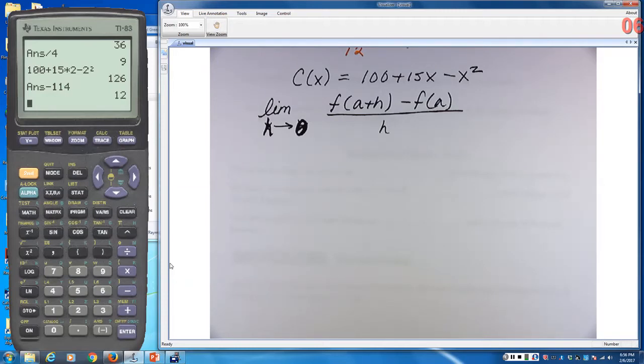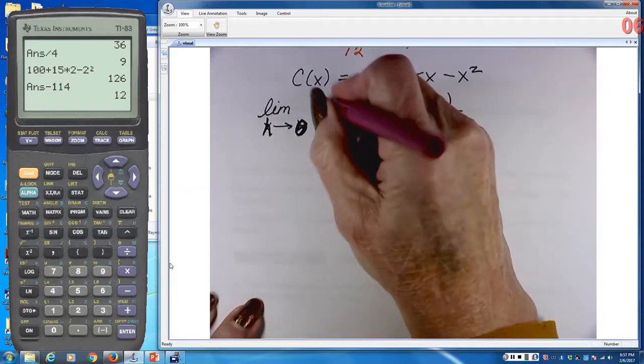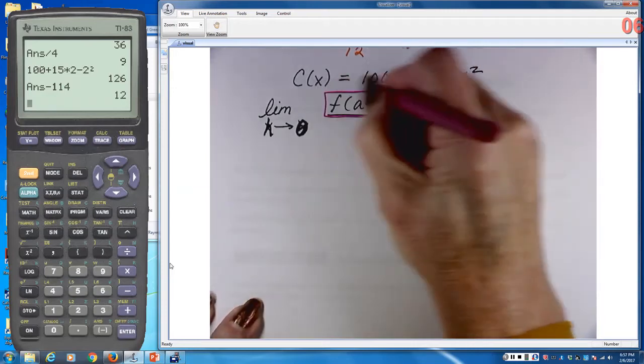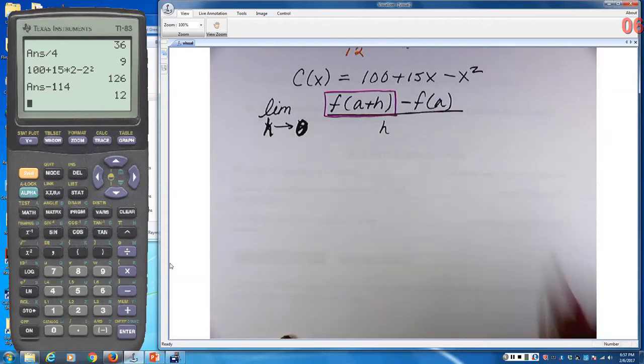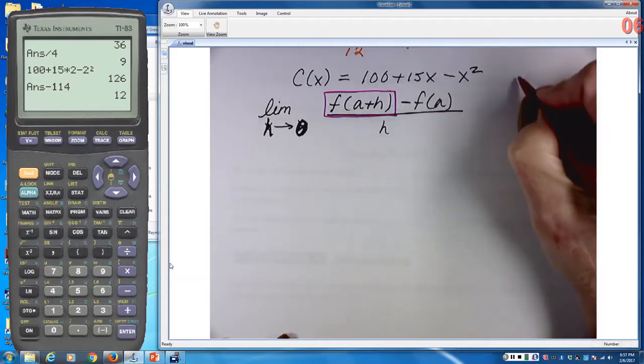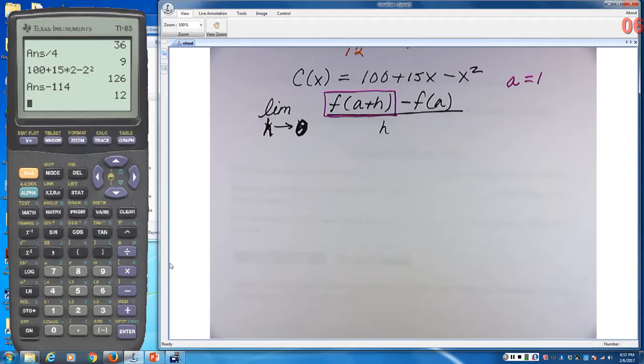Now I'm going to do this step by step. I'm not going to try to do it all in one big long fell swoop. The first thing I'm going to do is try to find this part of the function. In this particular case, since the number of cases we're looking at is 1, the value for a is going to be 1.